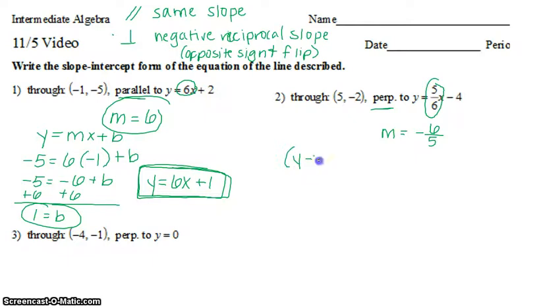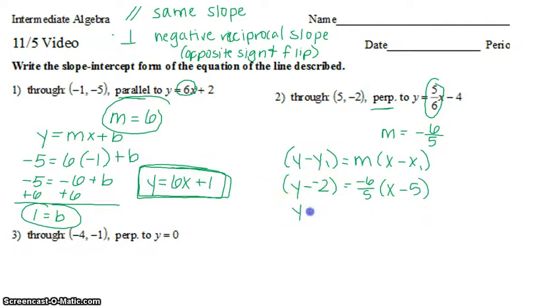So I start with y minus y1 equals m times x minus x1. My y1 value is a negative 2. My m is a negative 6/5, and my x1 value is 5. y minus a negative 2 is the same as y plus 2.